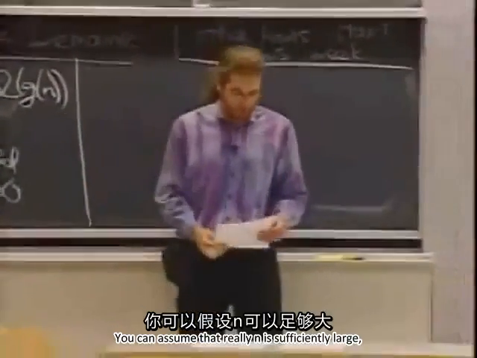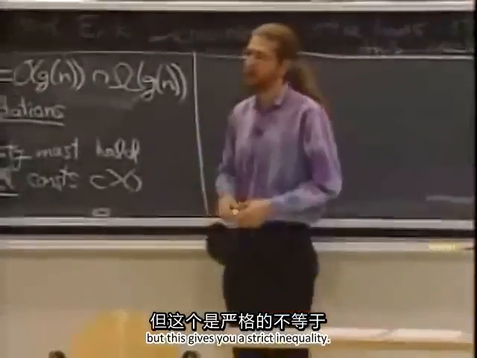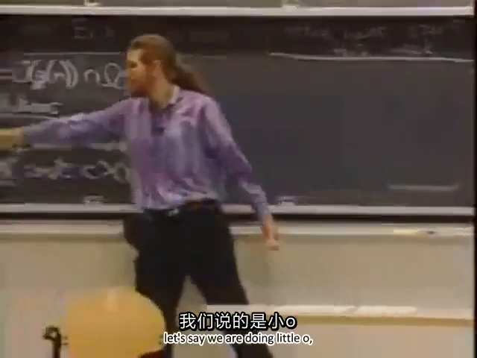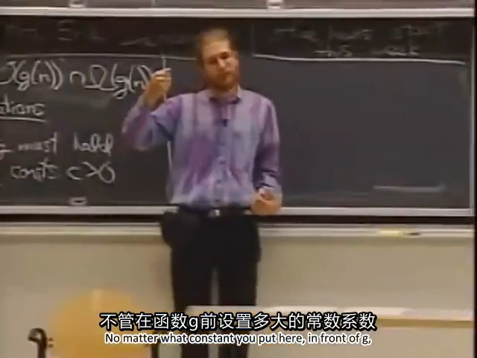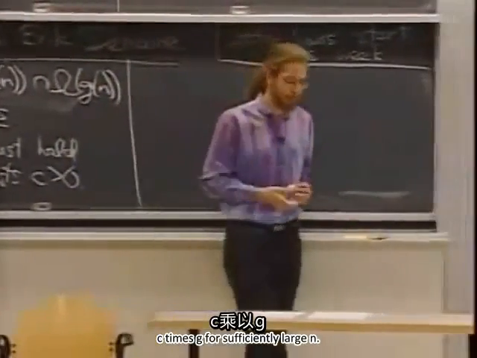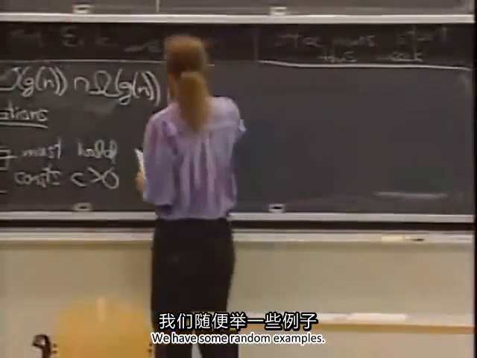You can assume that n is sufficiently large. But this gives you a strict inequality. It says no matter what constant you put in front of g, let's say we're doing little o, f will still be less than c times g for sufficiently large n. So we have some random examples.